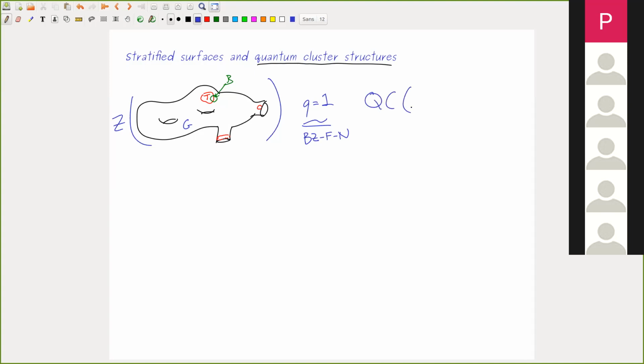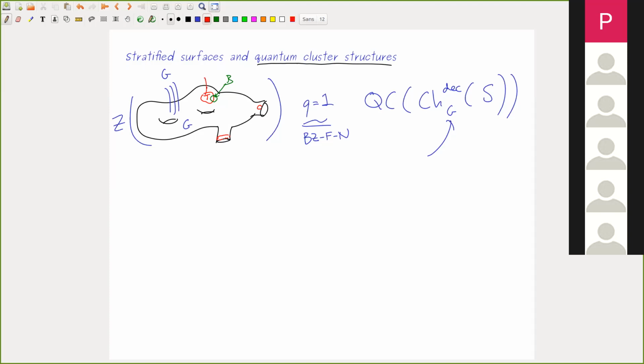This is quasi-coherent sheaves on the decorated character variety of this decorated surface. And what this means is that we consider not just G local systems, but a G local system over the G region.